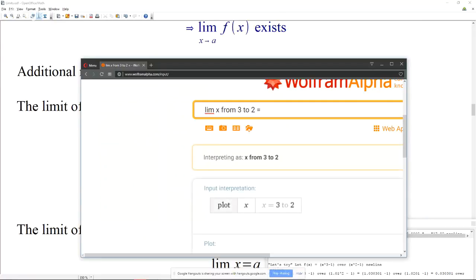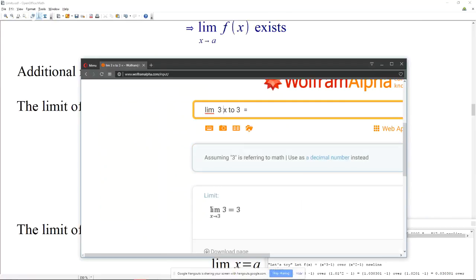Come on, why do you have to compute so much? This is not what I wanted. Oh, I see, I put it in the wrong place. We'll just put the limit of 3 for x. I don't use Wolfram that often; you use Wolfram more. There we go. That's how you write it.